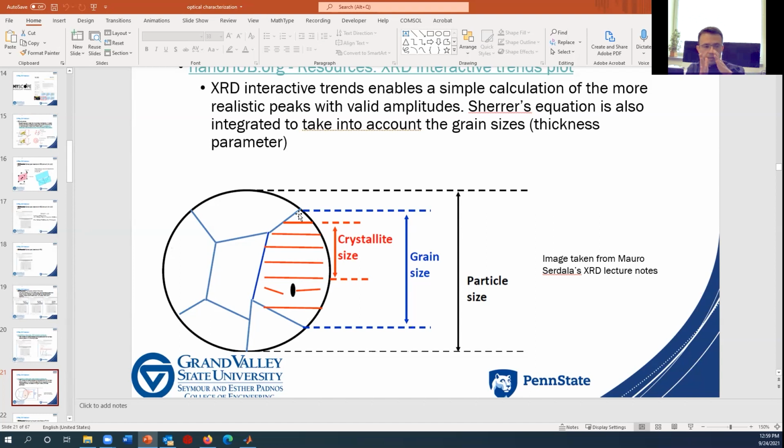Large grain size means we have almost like a single crystalline structure. But we may have smaller structures like nanoparticles. Even as you can see here, we're looking into some nanoparticles, really tiny structures. In that case, our crystalline sizes are becoming almost closer to the grain sizes themselves. So we are going to be in trouble.